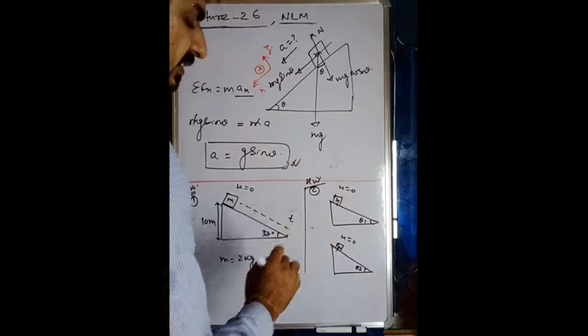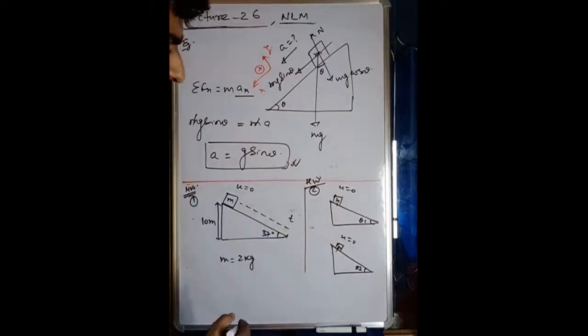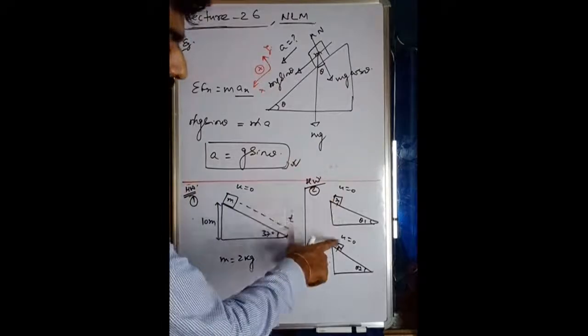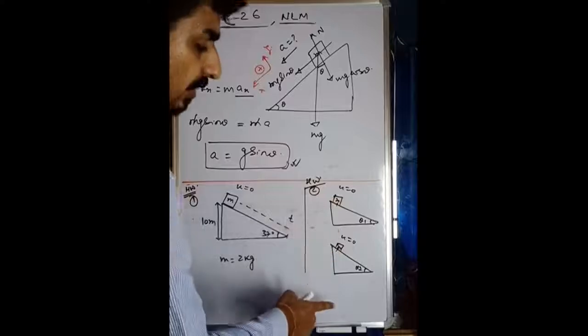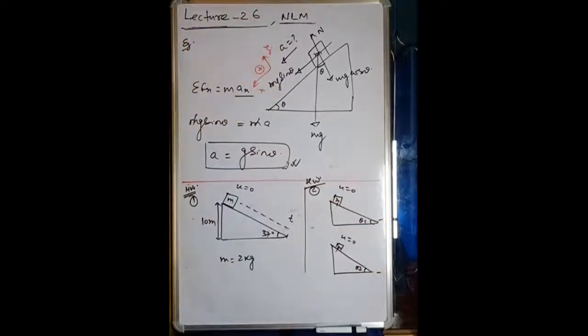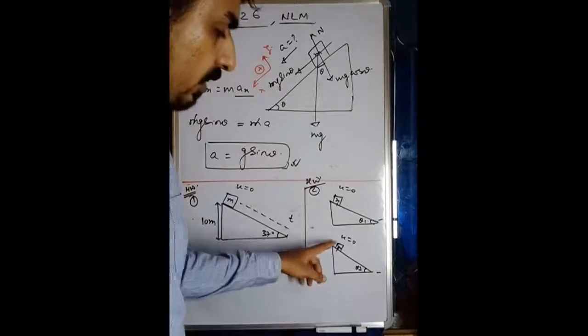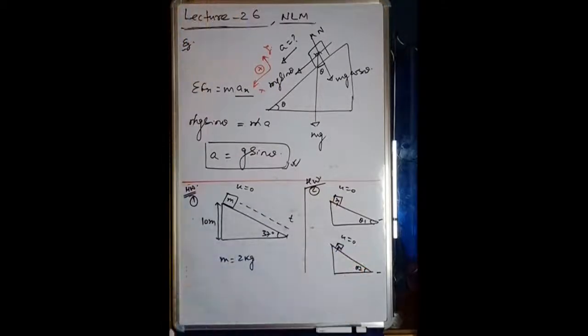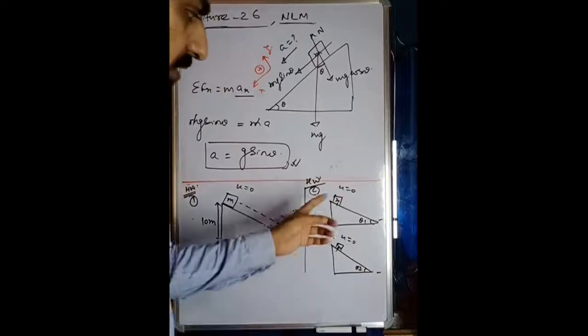In which case will the block reach the ground first? If this is the ground, in which case will the block reach the ground first? You have to find in this case or in this case.